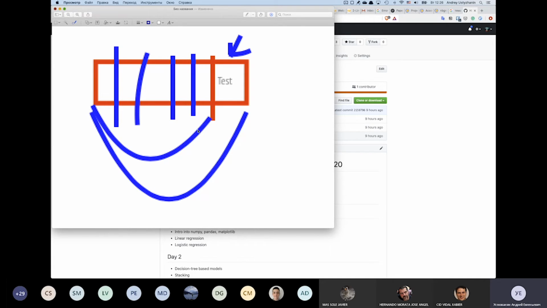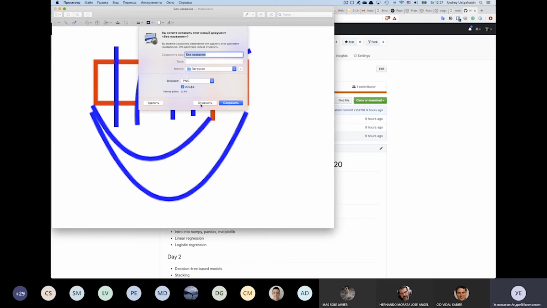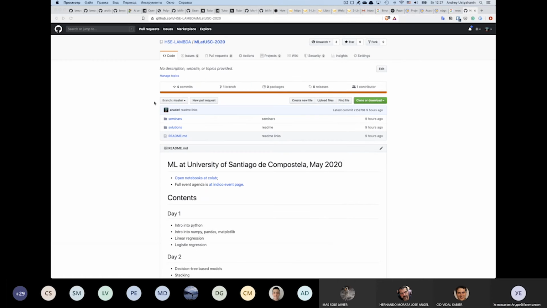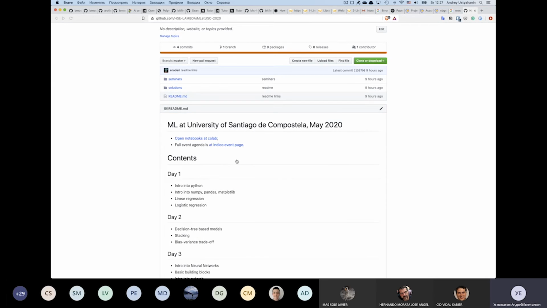Okay, so let's continue with the exercise. Oh, sorry. So you can either follow the Colaboratory link from the GitHub repository.